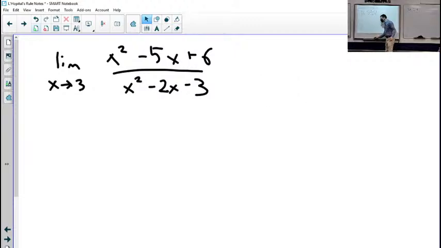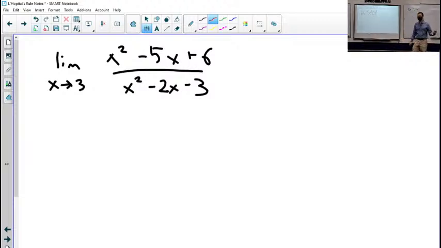The other condition is that f and g are differentiable. So in other words, is x squared minus 5x plus 6 differentiable? Yeah, it's just a polynomial. Is x squared minus 2x minus 3 differentiable? Yeah, it's a polynomial. So we can use this rule. But let's start by taking this limit the way that we usually would. Like I said, first we try direct substitution, and then we find 0 over 0. That doesn't work.